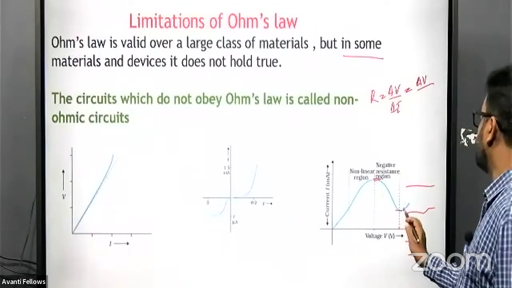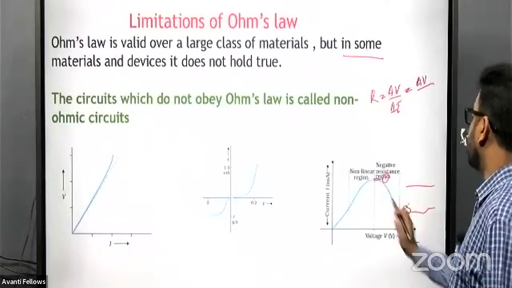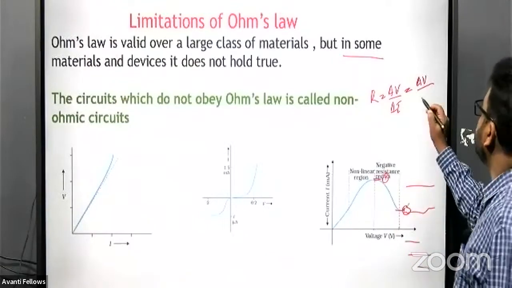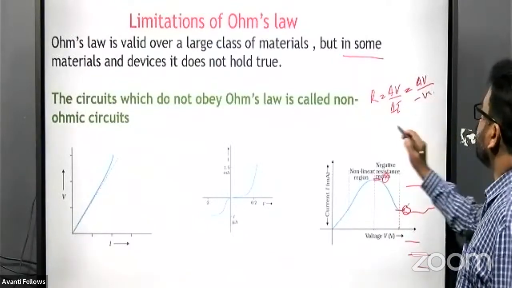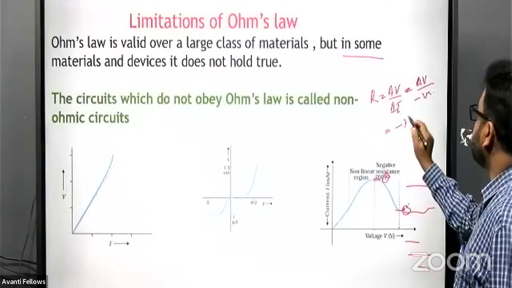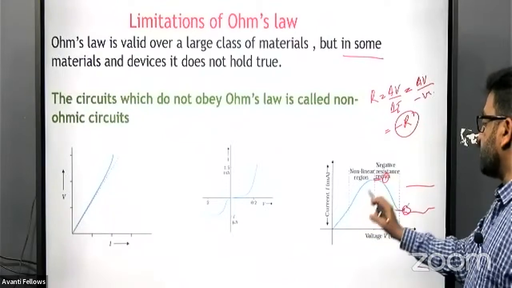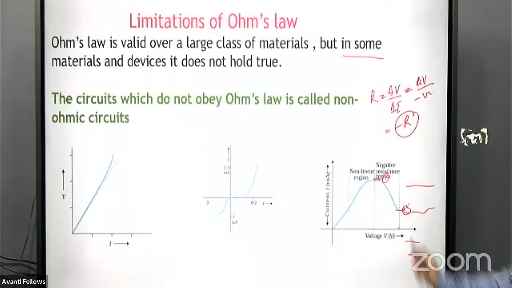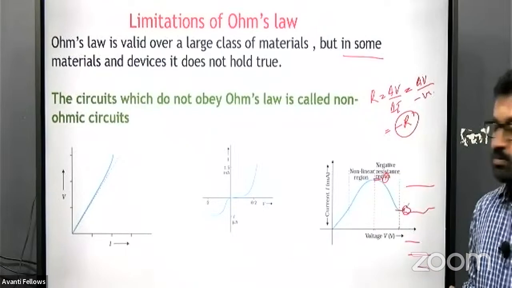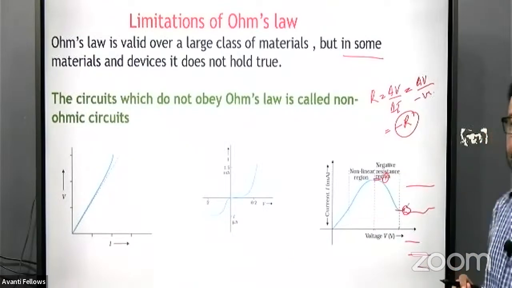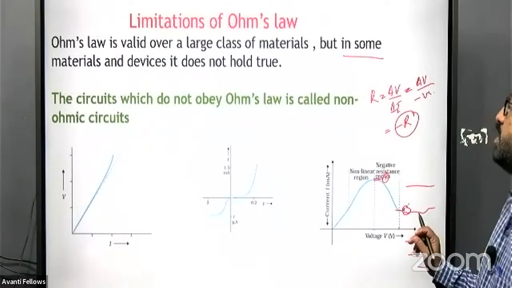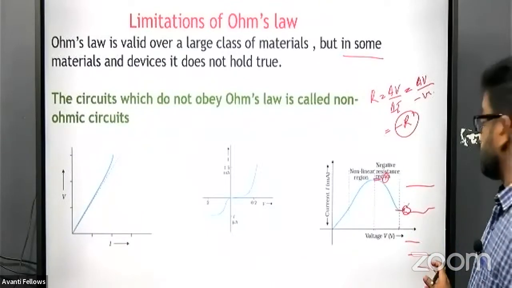If we take 2 minus 1, final point minus initial point, this will be a negative value. So we will get minus R. So this is a negative resistance region. So this is a positive resistance region. So it will have both the regions in the same plot, positive resistance region as well as negative resistance region in the same graph. So that is another limitation of Ohm's law.